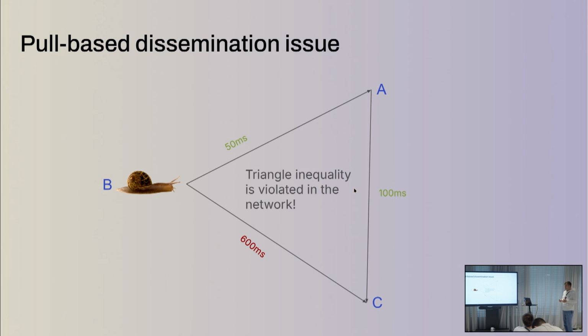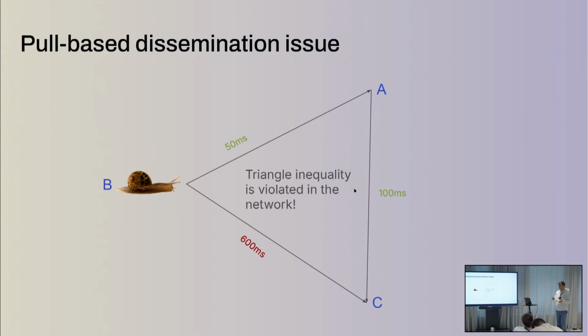For such high performance consensus protocols, it's really a practical problem that for some of the connections we don't have the triangle inequality, that the sum of latencies for two sides is greater than the latency for the other side.